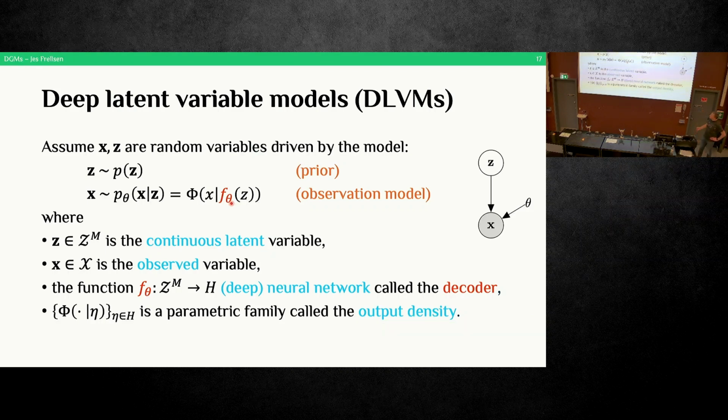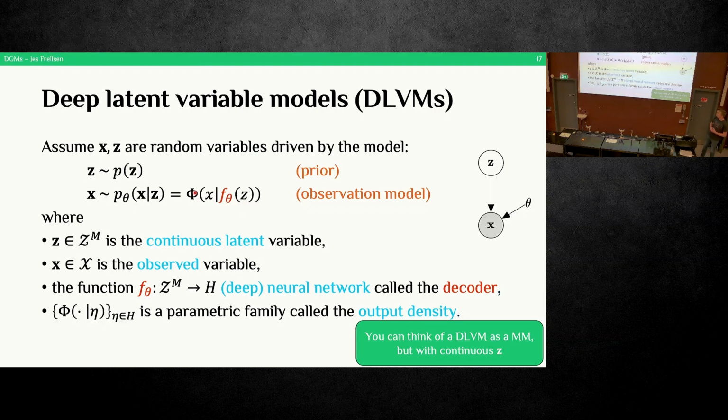Yes, and the role of this decoder is really to say, I sample my set, then I put the set into the decoder, and the decoder gives me the parameters of this output density. One way of thinking a bit abstractly about a deep latent variable model is as a mixture model, except that we have a continuous latent variable instead of a discrete latent variable.